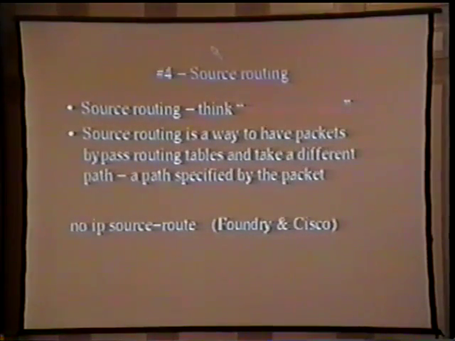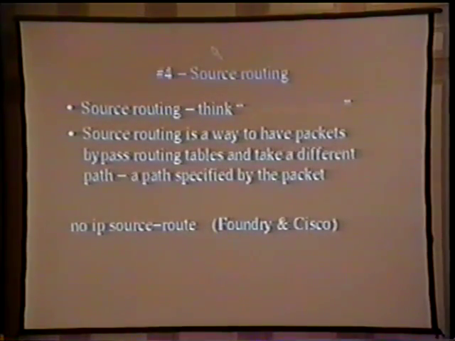So number 4, source routing, and really you need to think spoof-o-matic. There's really no legitimate reason to be allowing source routing. In case you don't understand, source routing is a way for packets to include in them the path of how to go where they're going.